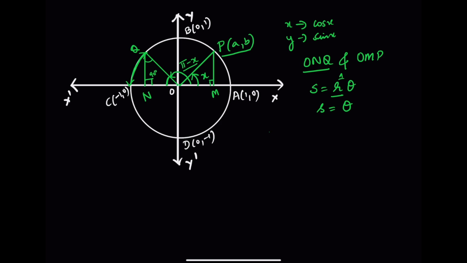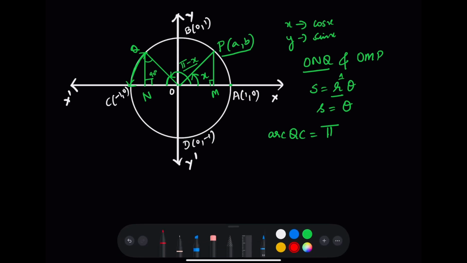Arc QC is equal to, if we consider A to C to be one arc, this entire thing, which is pi, because it is 180 degrees, and if I subtract A to Q, this part from it, then we'll get the length of QC.